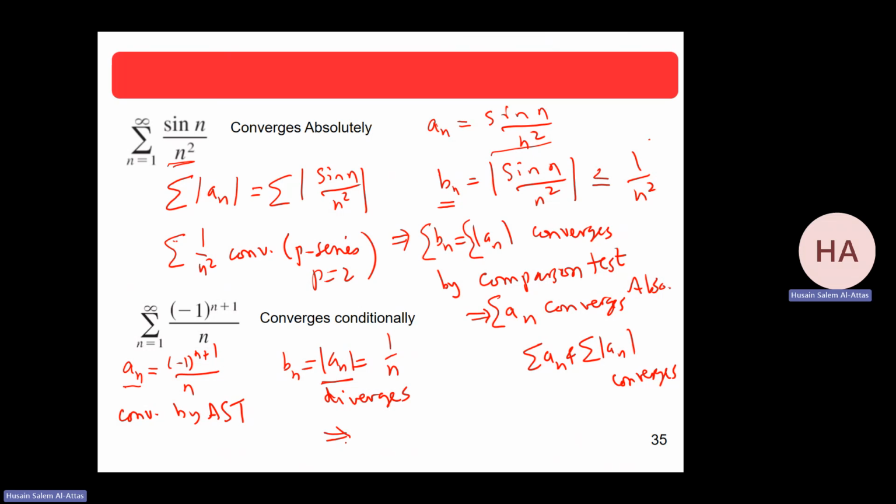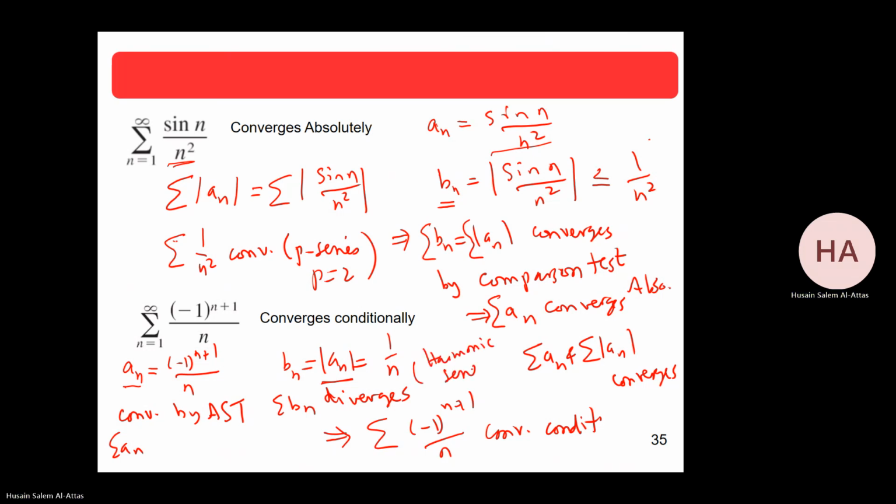So that means this series converges conditionally. So I say the series b_n diverges and the series a_n converges. Why is this divergent? It is the harmonic series, very clear.